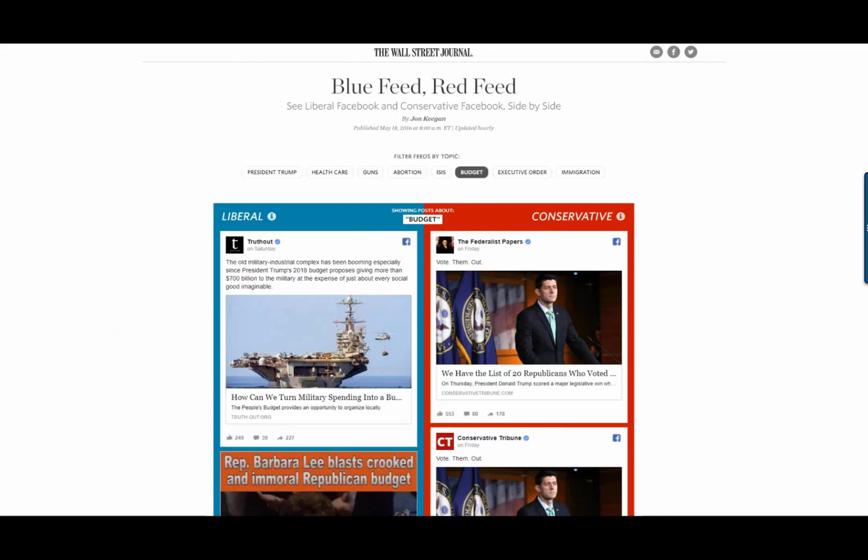And they asked people to read it after taking some questions to identify whether they were liberal or conservative on the issue. And what they discovered was that the more liberal people, after reading the same article, became even more liberal, and the more conservative people, after reading the same article, became even more conservative.